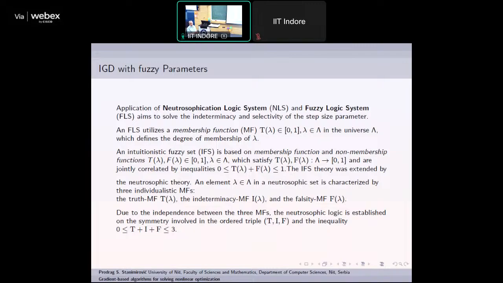When we vote, we can say yes, no, and sometimes I don't know what to say. The idea was to define 3 membership functions: truth, independency, and falsity. All membership functions can be between 0 and 1. So this relation is evident.